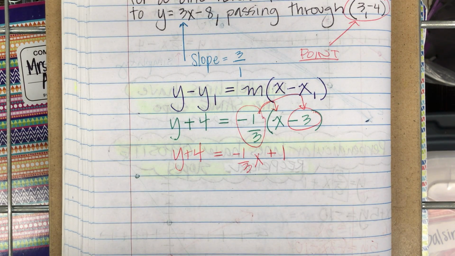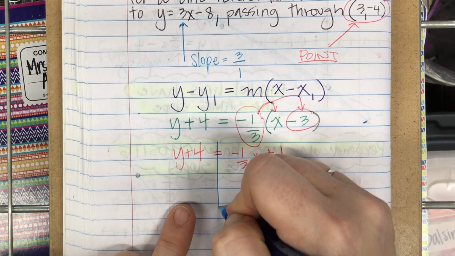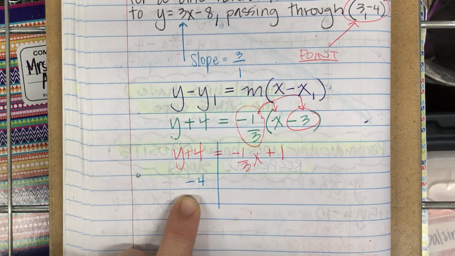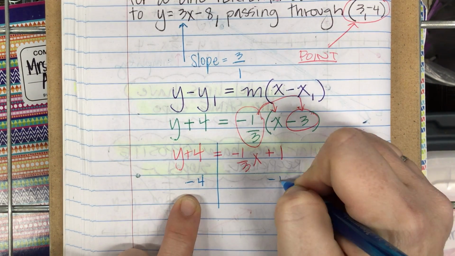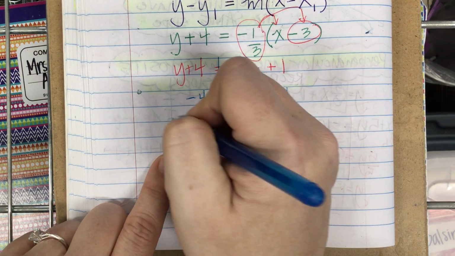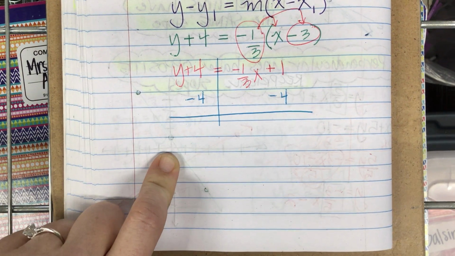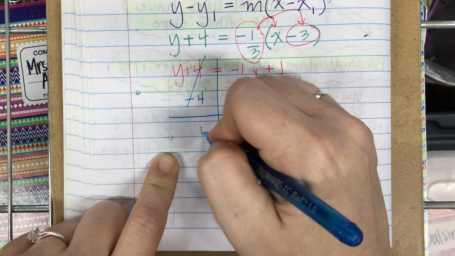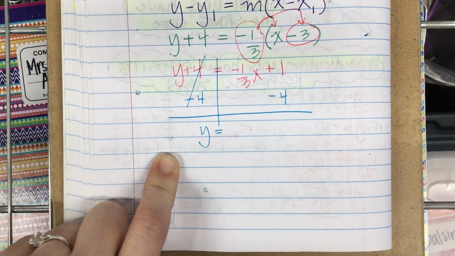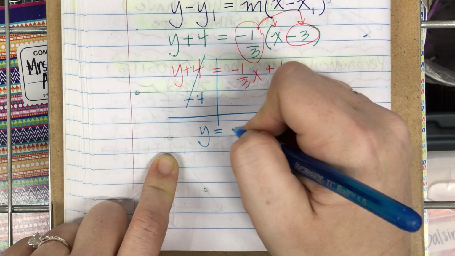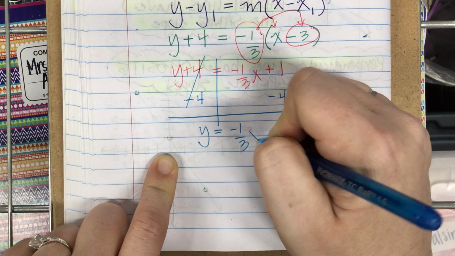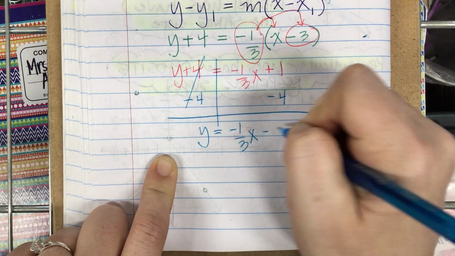Substitute, check. Simplify, check. What's step 3? Solve for y. Minus 4, minus 4. So then you just got y equals -1/3 x minus 3.